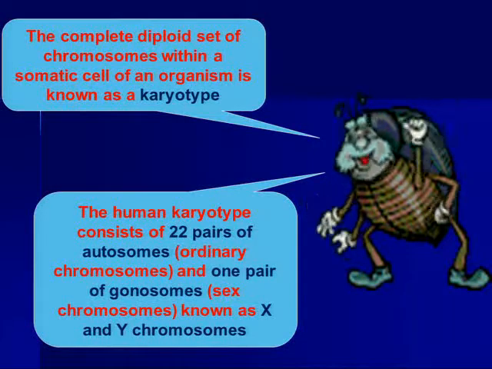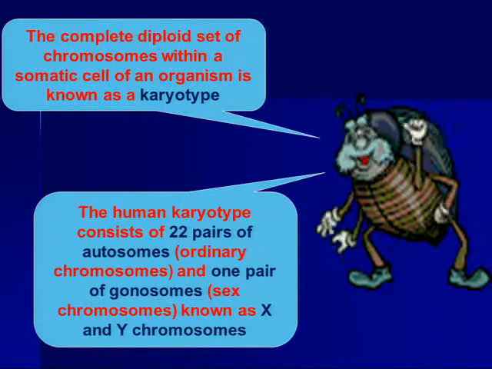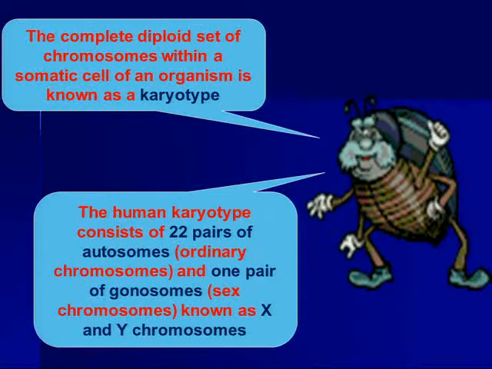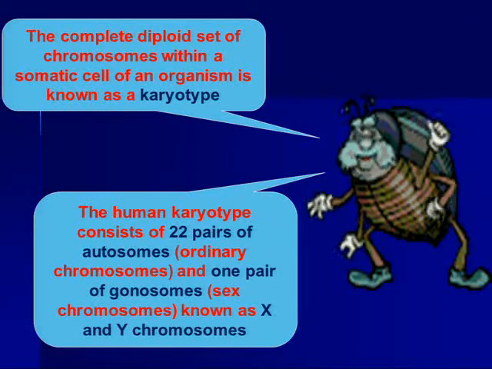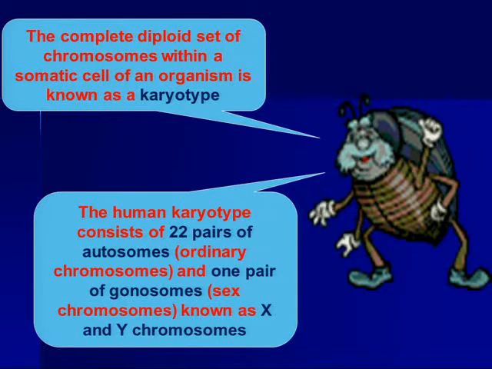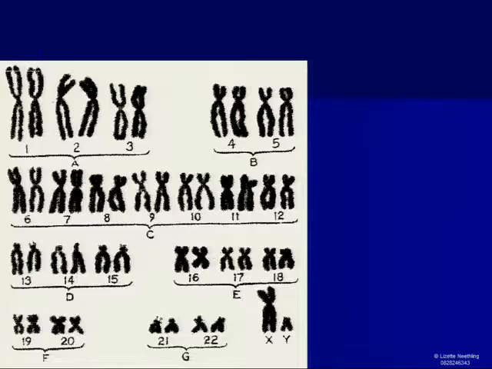The human karyotype, we said we have 46 chromosomes, so we have 23 pairs. And 22 of those pairs are autosomes, which are normal, ordinary chromosomes, and one pair will be gonosomes, the one that determines whether you're female or male. We call them the sex chromosomes, or the X and the Y chromosomes.